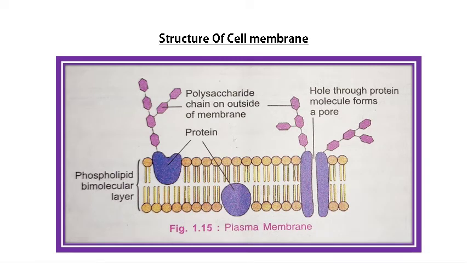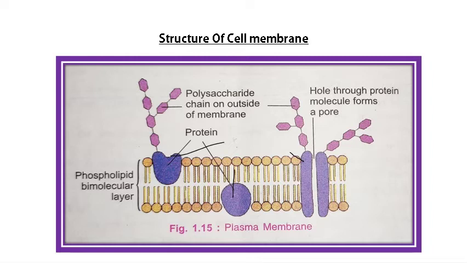Here is the structure of the cell membrane. Here we can see that there are somewhat cylindrical or rounded structures. These are nothing but protein molecules. On top of that, some chain-like structures are also present. These are polysaccharide chains made up of many monosaccharides or sugar molecules arranged in a chain-like structure.